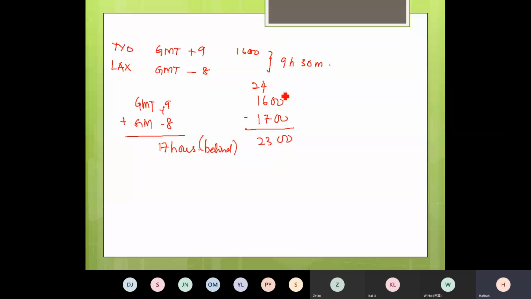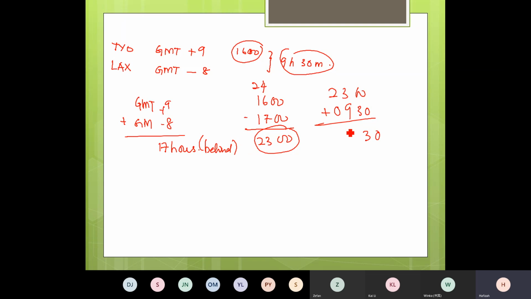But this is the time you get, now you need to include the flight. So now you know when this time in Tokyo is, this is the time in Los Angeles. But now it involves a 9 hours flight. So 9 plus 23 is 32.